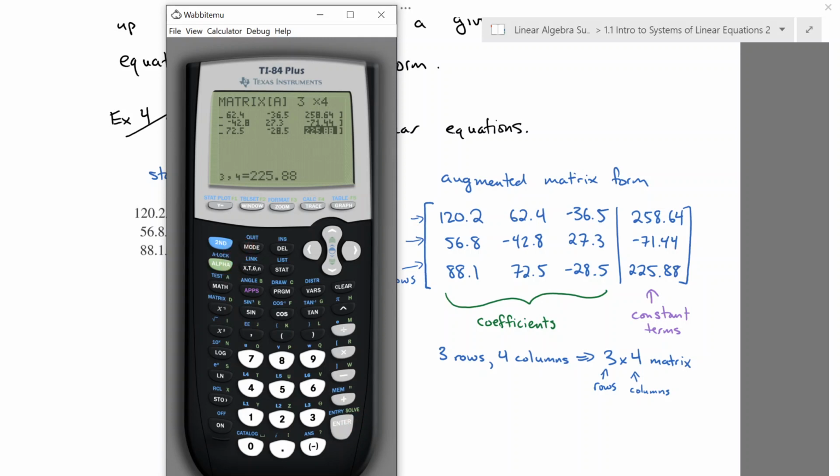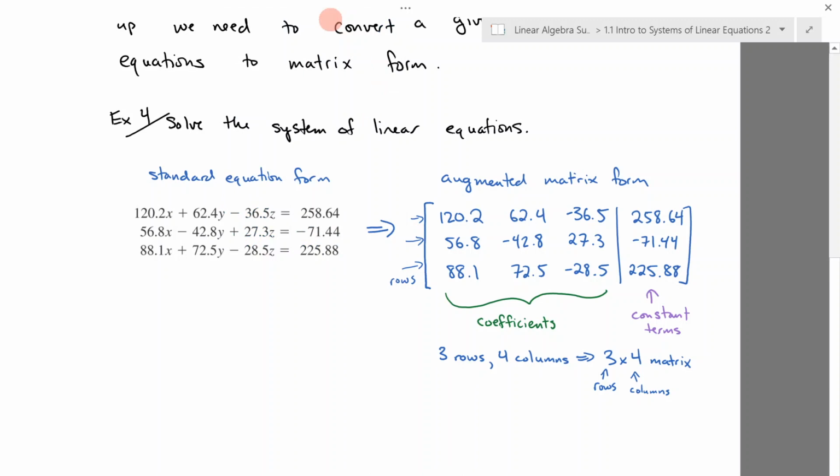Okay, so I've entered in the matrix, so let's quit out of this screen. The matrix is full. Okay, so now I need to put the matrix in what's called row reduced echelon form, or RREF for short.